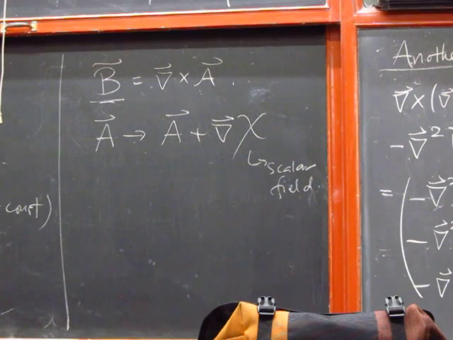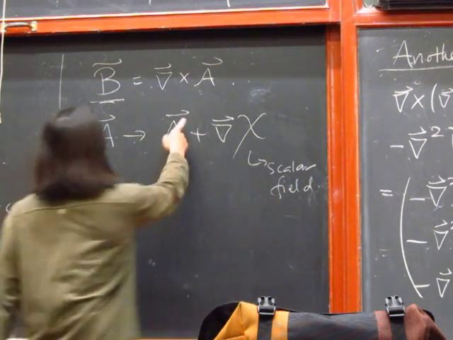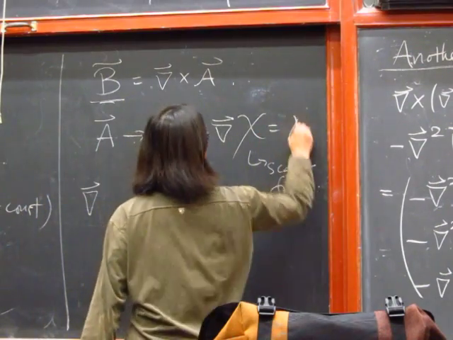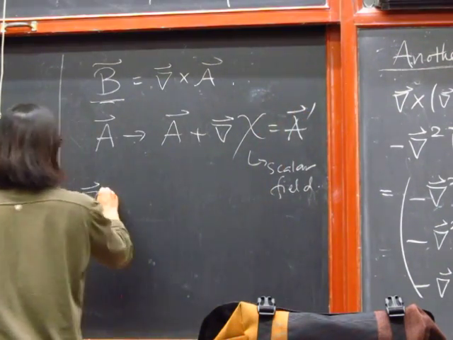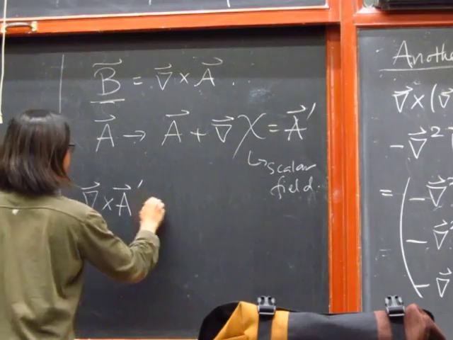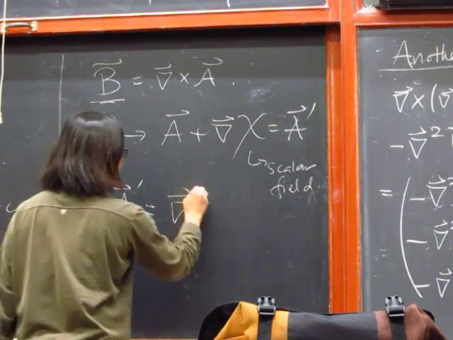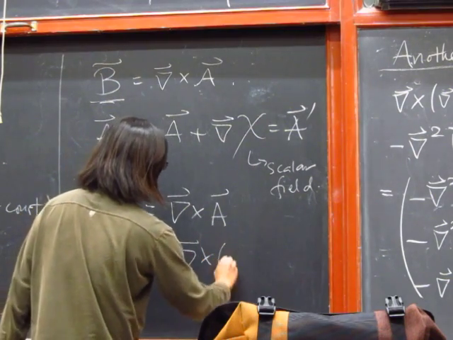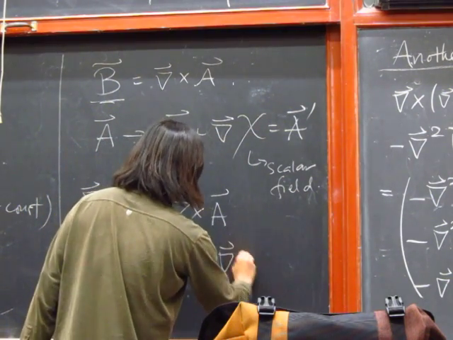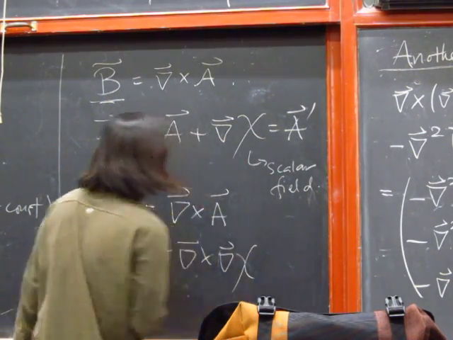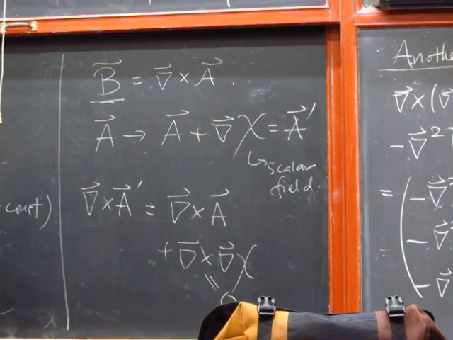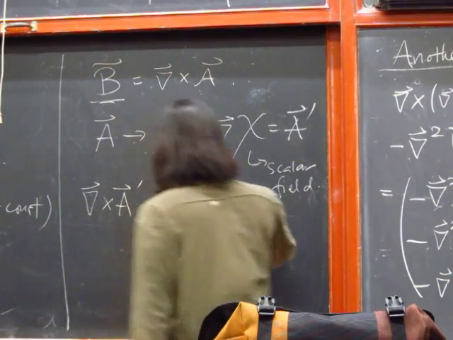Then if I take the curl, let's call this A prime, the curl of A prime becomes the curl of A plus the curl of the gradient of chi, but this is identically zero, and this is equal to the magnetic field.